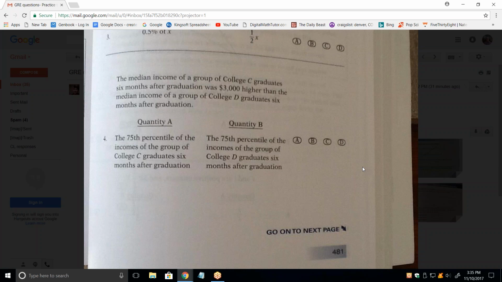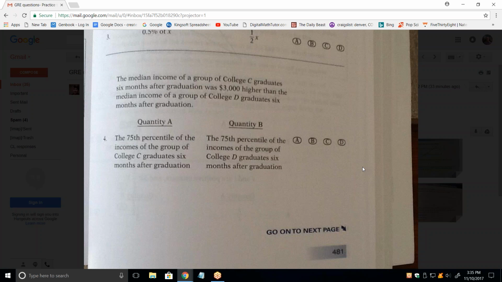And the 75th percentile of the incomes of the group of C graduates compared to the 75th percentile of the income of the group D. Well, right off the get-go, it certainly seems like group A would have to be higher.